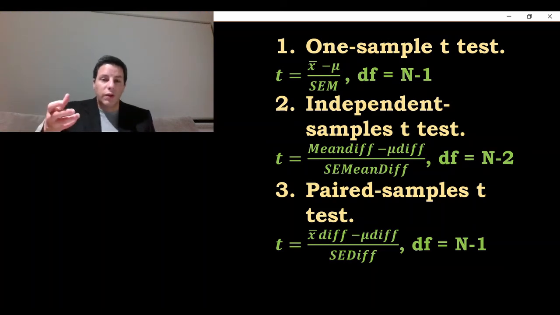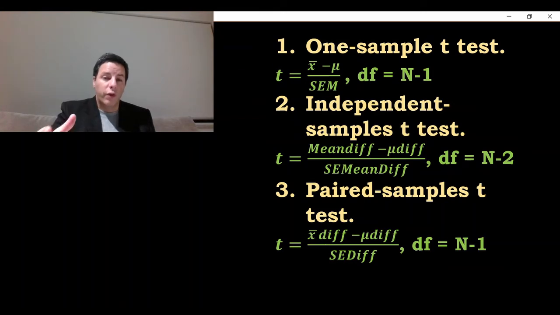So we are now in the same situation as the one sample t-test. We've got one sample and we can compare that with the population. What population do we want to compare with? A population in which the mean is 0. So that's why we've got in this numerator the mean of the difference scores.